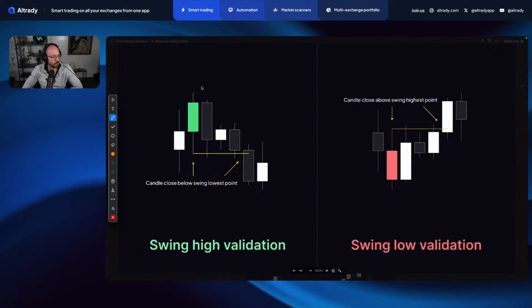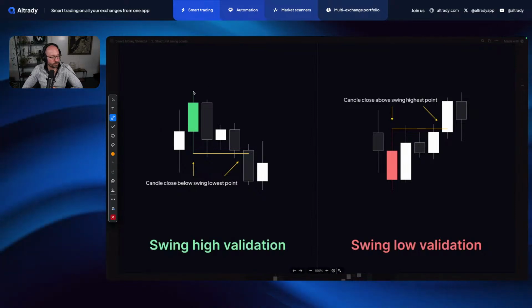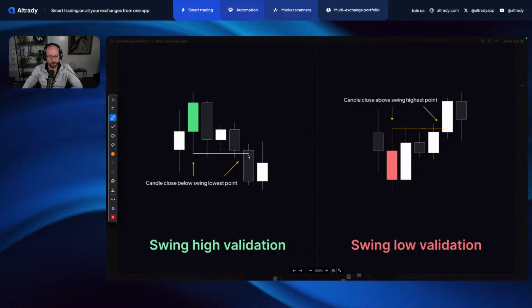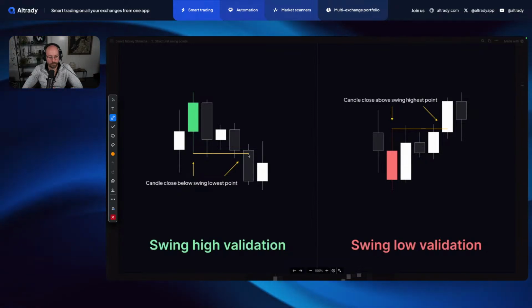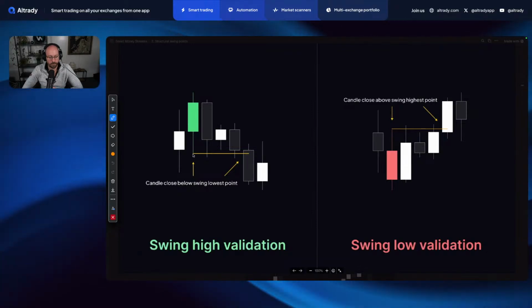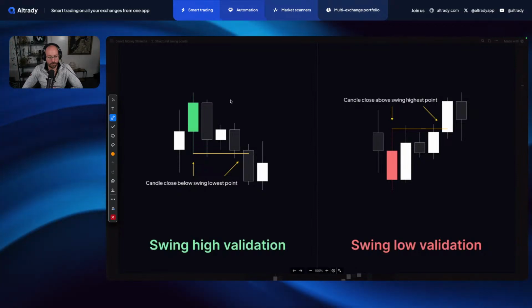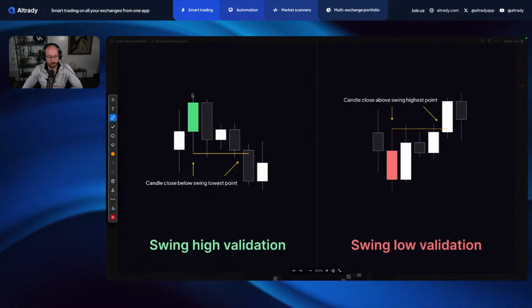If we have a swing high, then we cannot validate it until we have any candles that close below the minimum level of this swing high. So if price just keeps going up, then it is not a swing high.